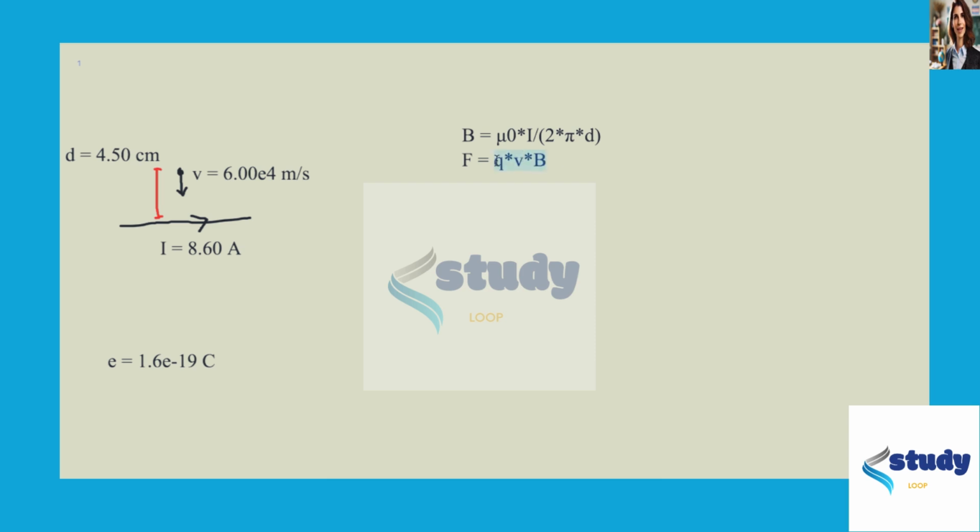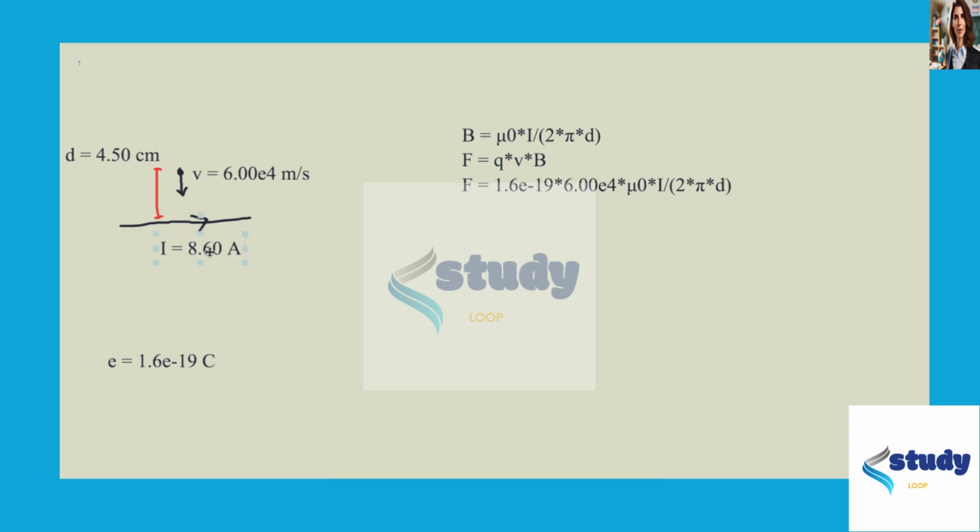So now all we have to do to calculate the force is just plug in all the numbers that we have. So since we're just concerned about the magnitude right now, I'm going to ignore the sign, positive or negative. We'll think about that in a second. The magnitude of the charge is this. The velocity is going to be this. We have our magnetic field here.